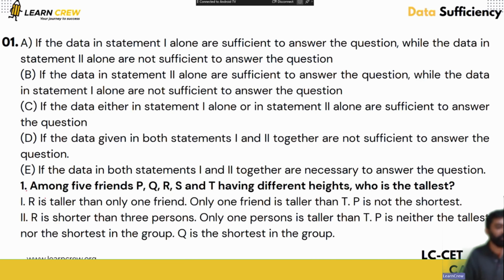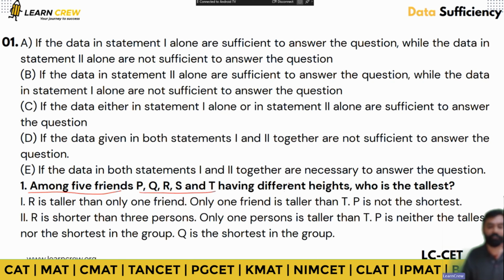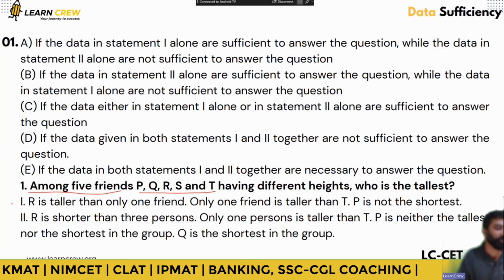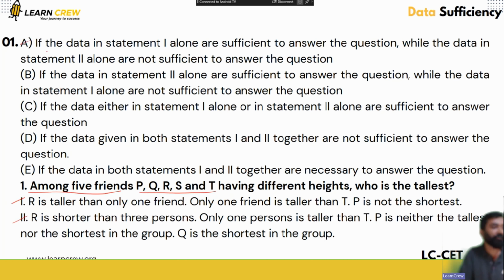Among the 5 friends P, Q, R, S, T having different heights, who is the tallest? Statement 1 and statement 2 are given, and the 5 options are: A, if the data in statement 1 alone is sufficient to answer the question, while the data in statement 2 alone is not sufficient.